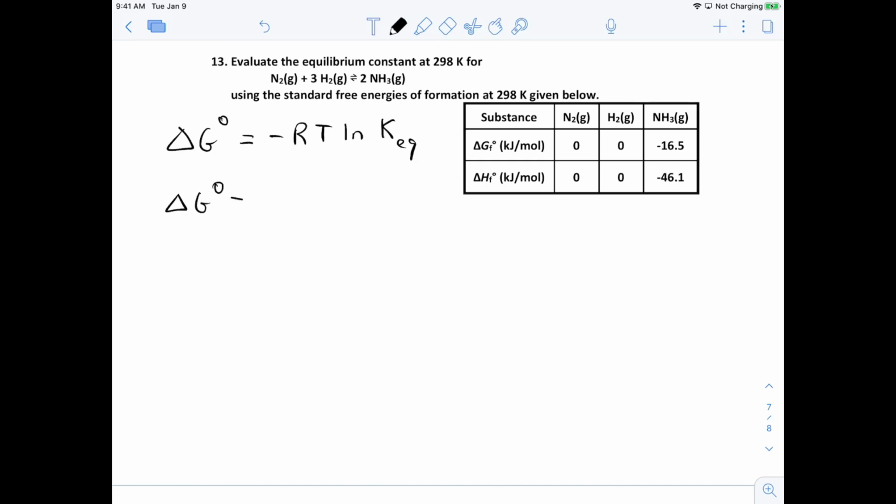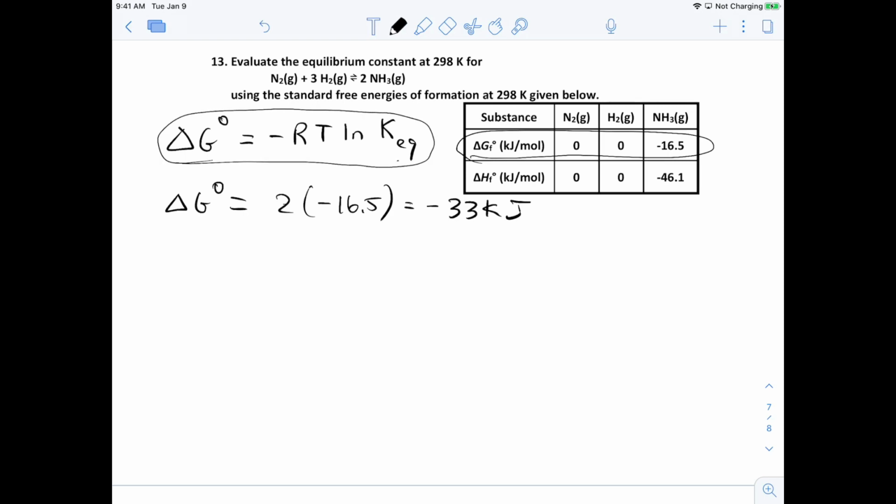First of all, let's figure out what delta G0 is. Delta G0 is 2 times the delta G of formation of ammonia, which is 2 times negative 16.5, which ends up being negative 33 kilojoules. Now we can rearrange this equation to solve for K equilibrium.